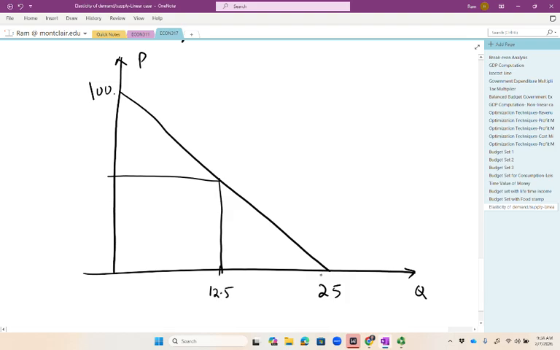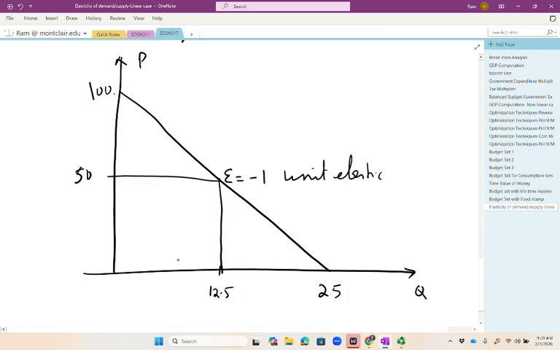So 0 and 25, the midpoint is 12.5. You can check the price for the quantity 12.5, 50 is also the midpoint of 0 and 100. And here we had seen elasticity is negative 1, unit elastic.